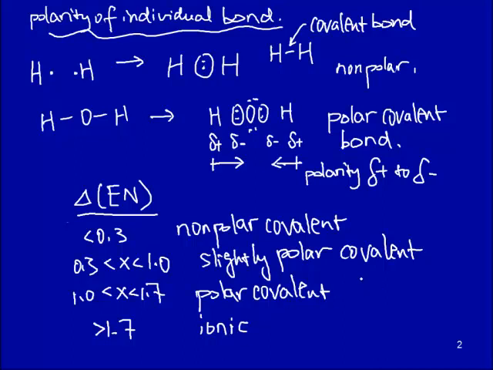So those are talked about. We talked about the individual bond, and now how we're going to add those individual bonds together in a molecule to determine the overall polarity of the molecule.